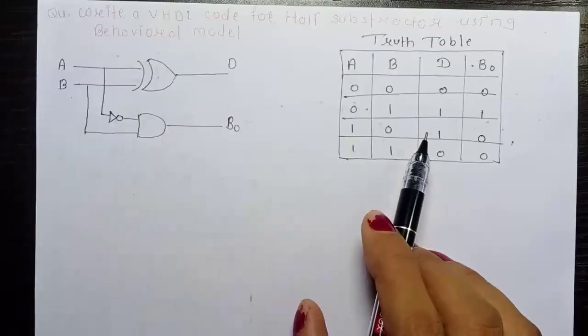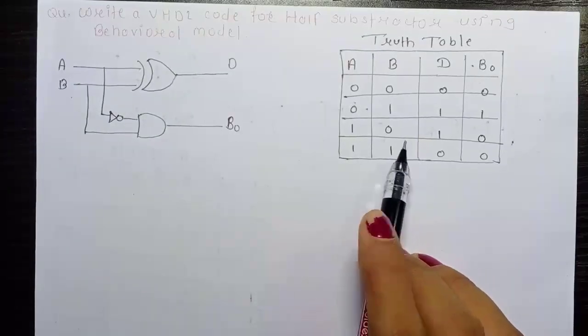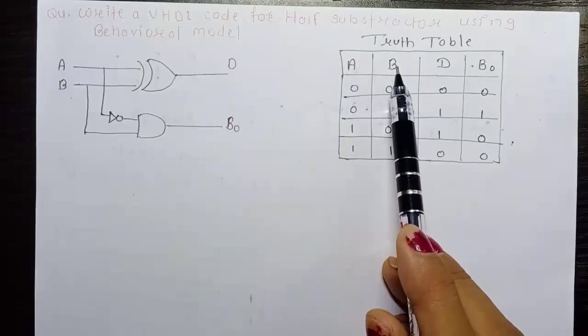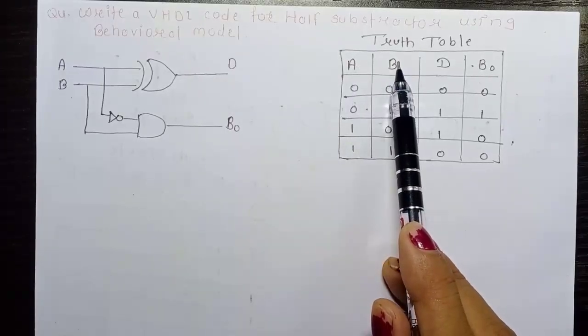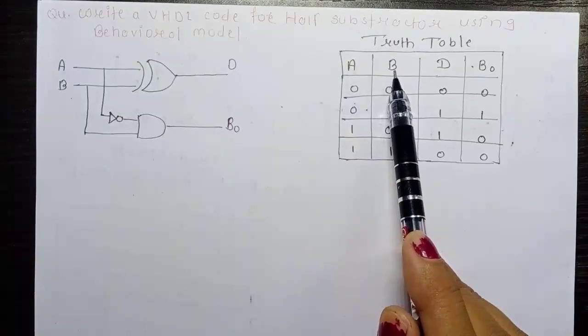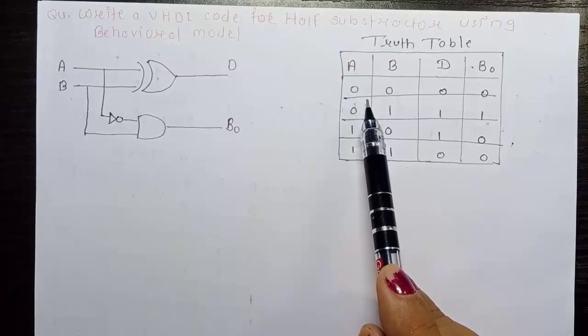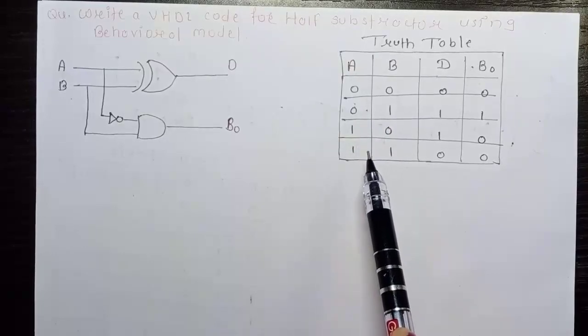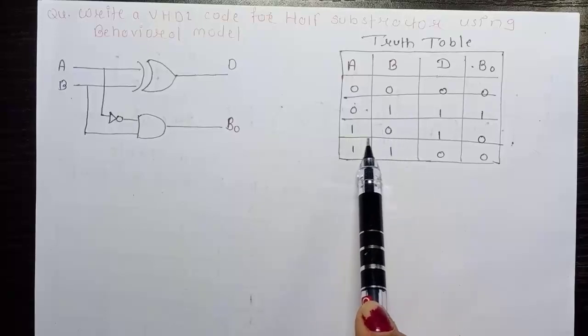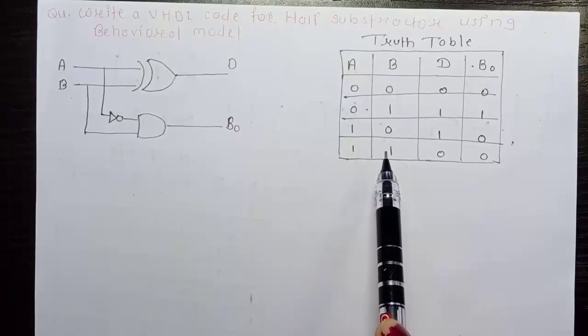As this half subtractor has two inputs, I am taking two inputs in the truth table. Now two inputs and two outputs here. For two input variables, we may have four combinations, that is 0 0, 0 1, 1 0 and 1 1.